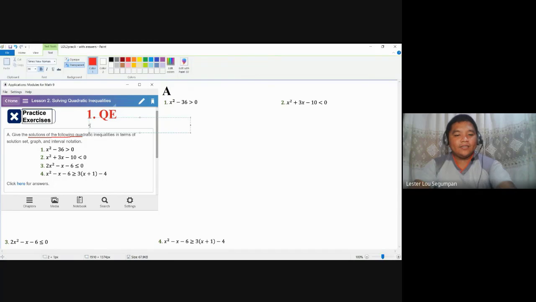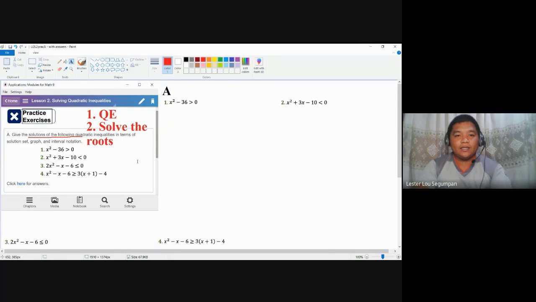The second step is to solve the roots of the equivalent quadratic equation.